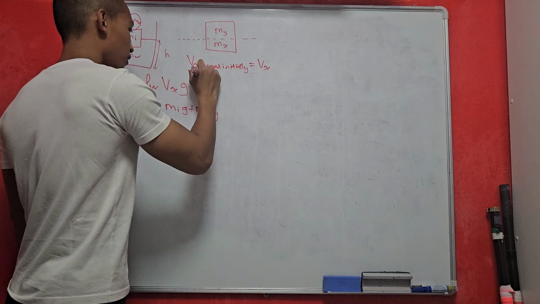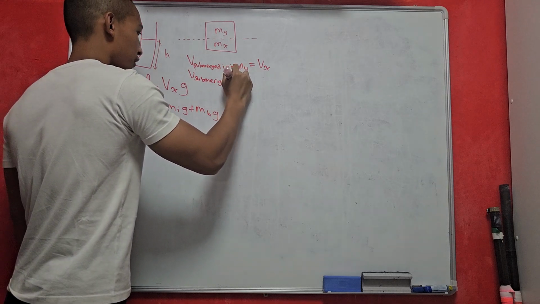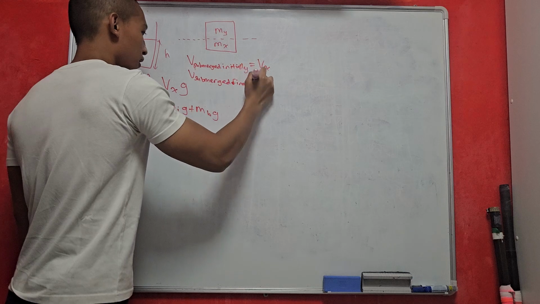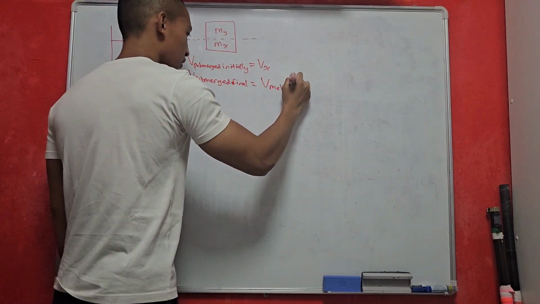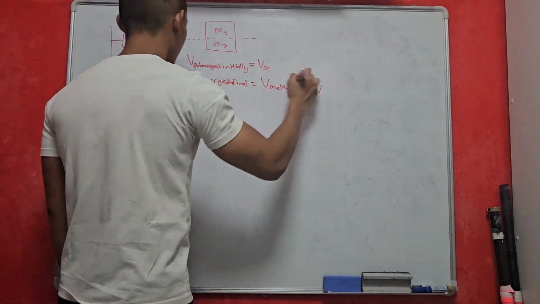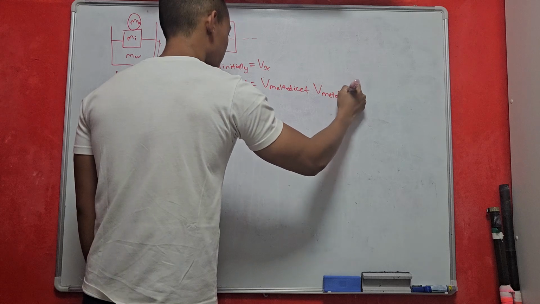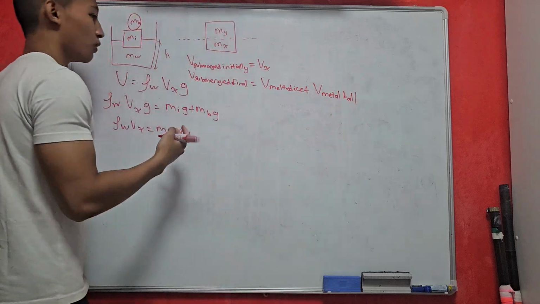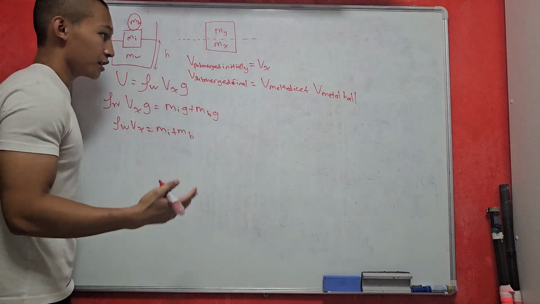The volume of submerged items finally is equal to the volume of the melted ice plus the volume of the metal ball. Why the metal ball? Because the metal ball is denser than water and therefore it will sink. And therefore it will be submerged in the water.